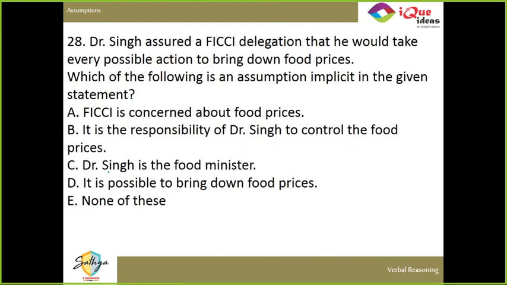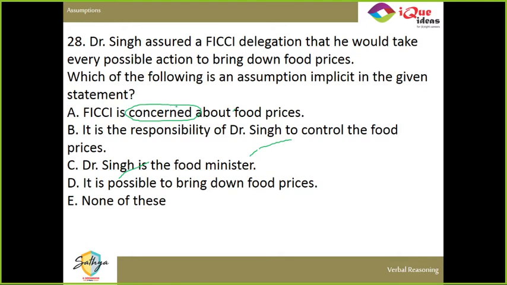Dr. Singh assured a FICCI delegation that he would take every possible action to bring down food prices. Do I need to assume that FICCI is concerned about food prices?